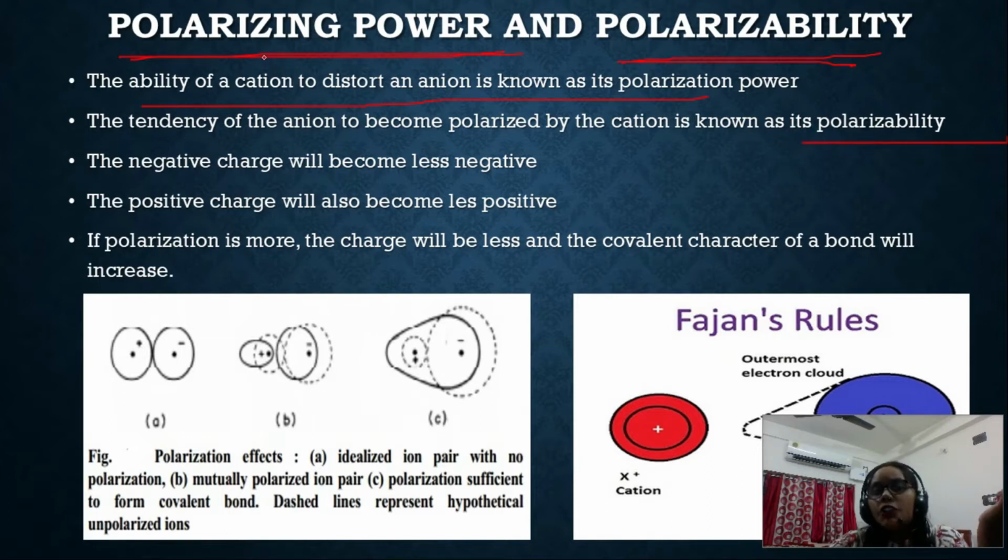Based on this polarizing power and polarizability, we can determine whether the bond has covalent character or ionic character. If the polarizing power or the polarizability is higher, that means the distortion will be higher, and that bond will have a higher amount of covalent character.